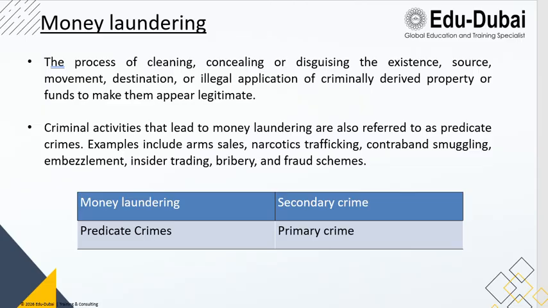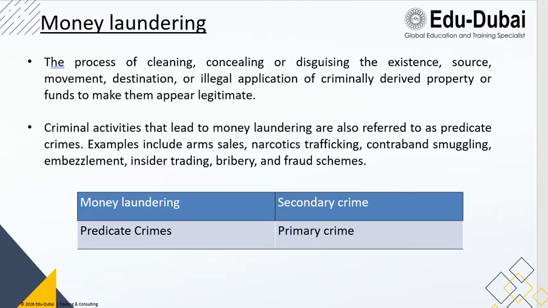Human trafficking, human smuggling, environmental crimes, forgery, piracy, drug dealing: all these are examples of predicate crimes. These are the primary crimes which give illicit funds to a money launderer. These funds are then integrated with the economy through financial institutions.